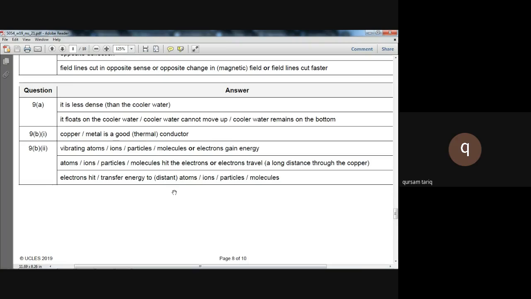Hot water has less density, so it is above cold water. Heat is transferred through convection currents. Cold water has higher density and hot water has less density. So that's why the cold water cannot go up.